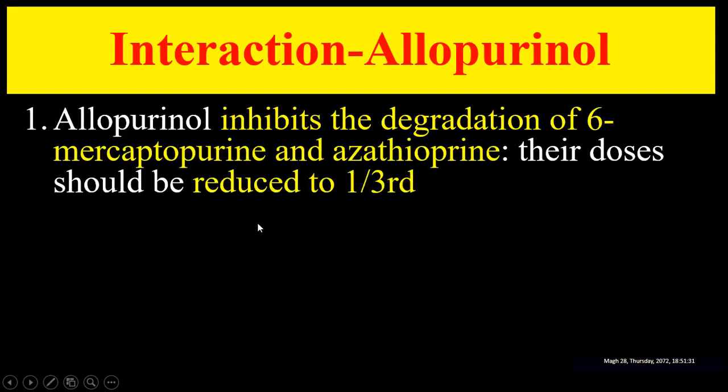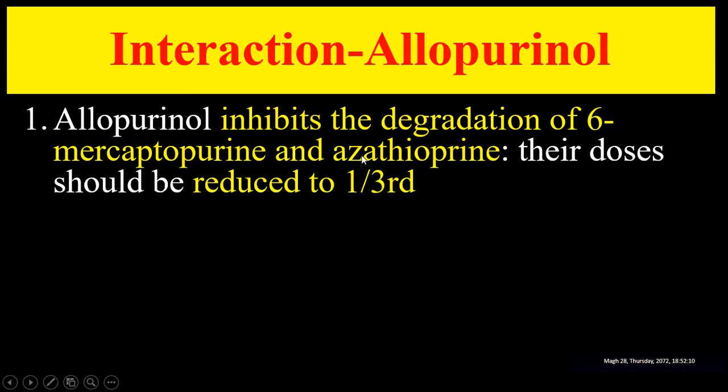Interaction of allopurinol: it inhibits the degradation of 6-mercaptopurine and azathioprine. The main thing is there are two immunosuppressant drugs, azathioprine and mercaptopurine, and these drugs are metabolized or destroyed in the body by xanthine oxidase, and this xanthine oxidase inhibitor decreases their metabolism.